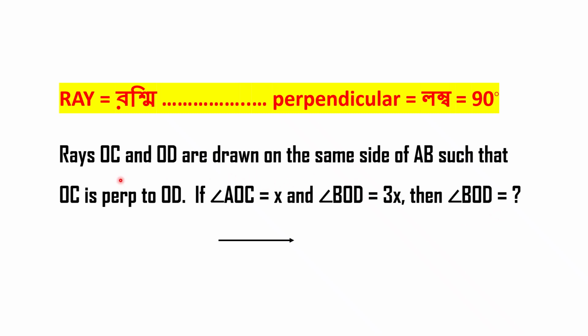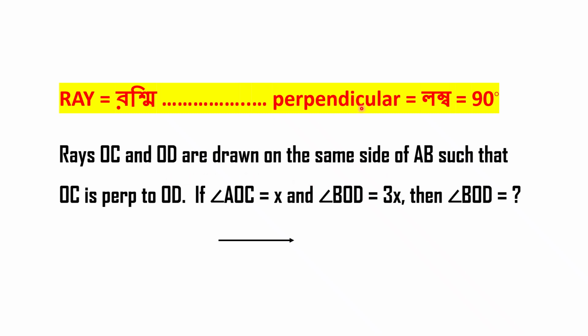আমাদের প্রশ্ন হচ্ছে রেস, রে মানে একটা লাইন যেটা একদিকে অ্যারো থাকবে, এটাকে বলা হয় রে। তো দুটো রে OC, OD drawn on the same side of AB.